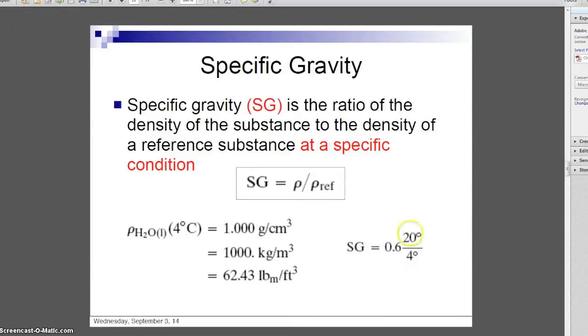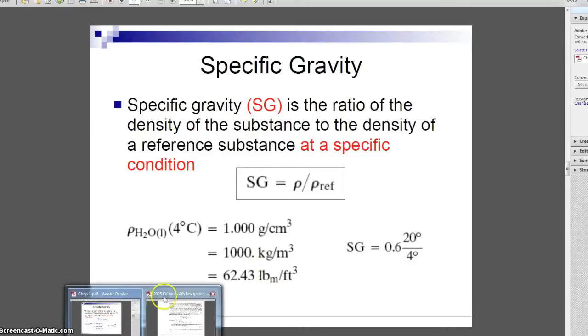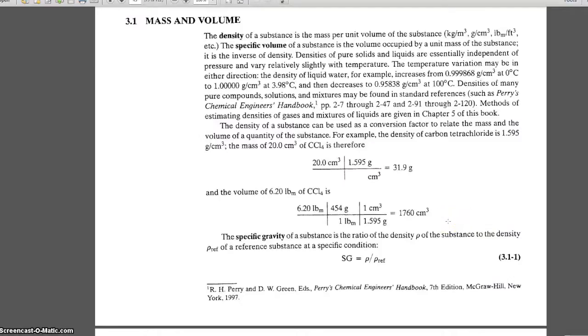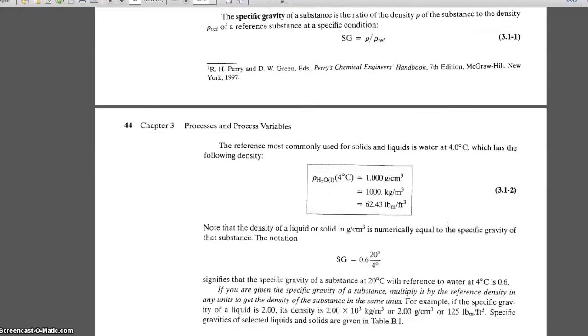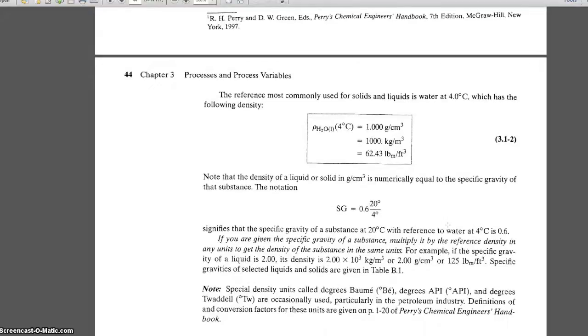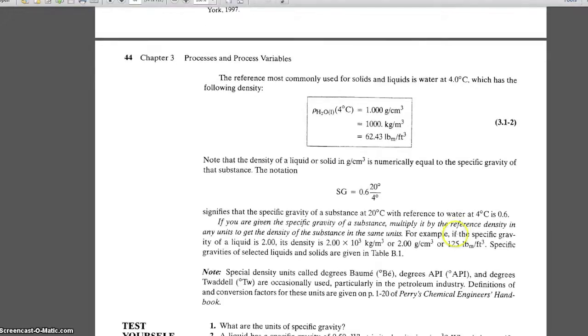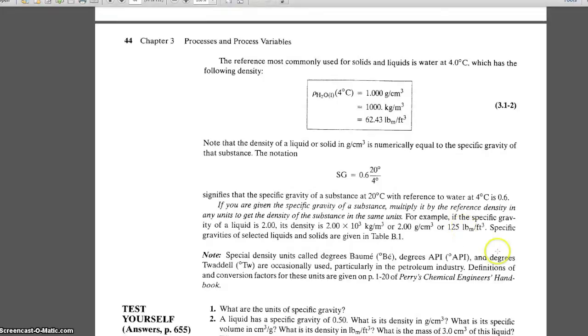So what does it say? SG is 0.6 at 20 degrees over 4. No idea, I'll get back to that. So let's look at an example. I think it's down here. Yep, that's what was discussed before.